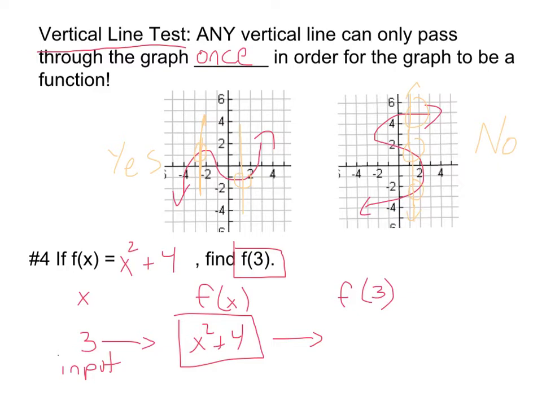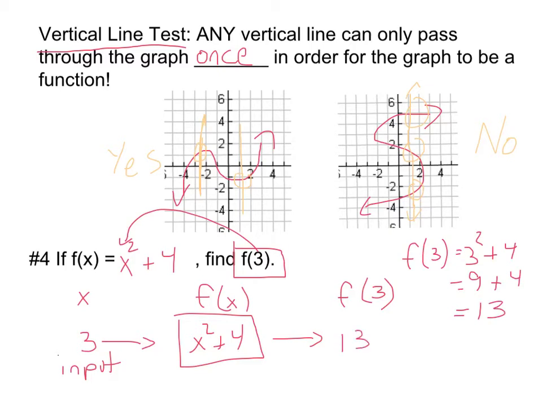Well, let's do the work over here. F of 3, everywhere you see an x, just put a 3. You have 3 squared plus 4. Order of operations says to do 3 squared first, which is 9 plus 4. And 9 plus 4 is 13. So your output would be 13.